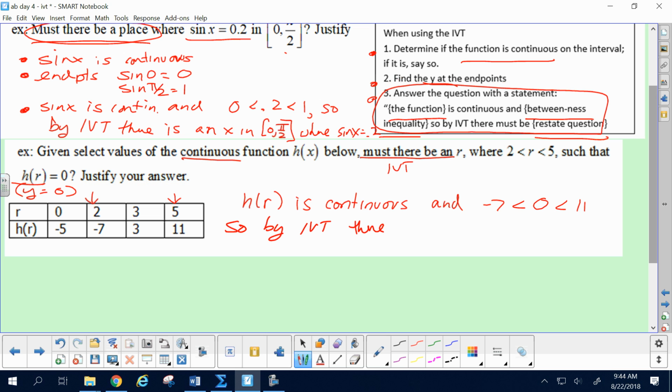There is an x value, which they actually asked you to call an r value. There is an r in what interval? Look back at this problem. There is an r in 2 to 5 where h of r equals 0.